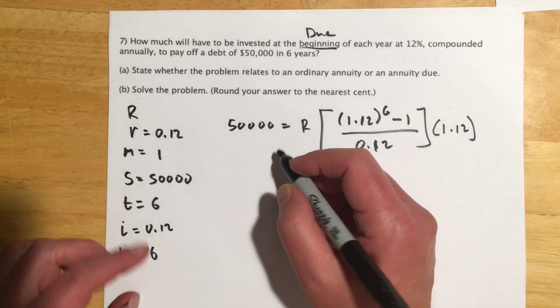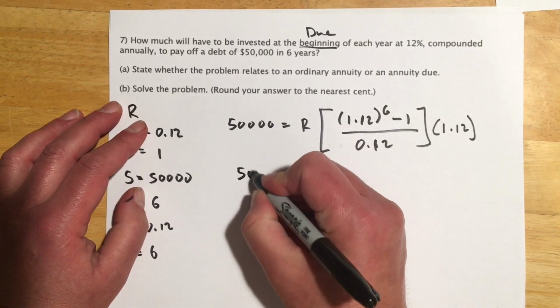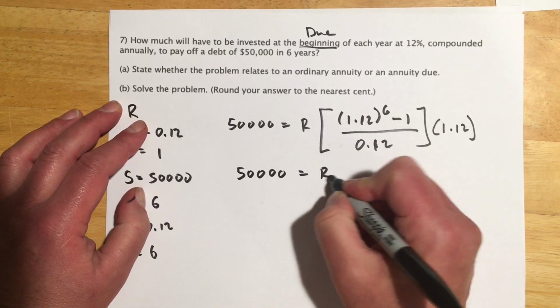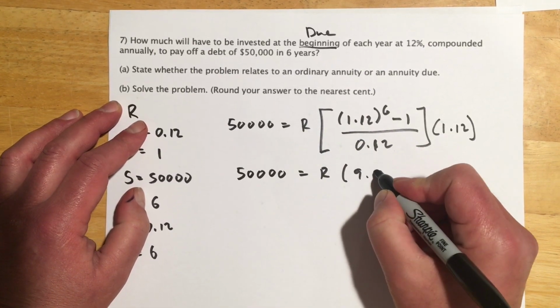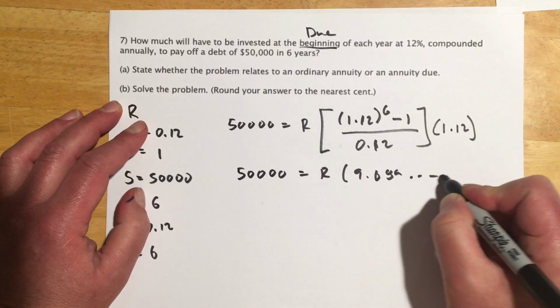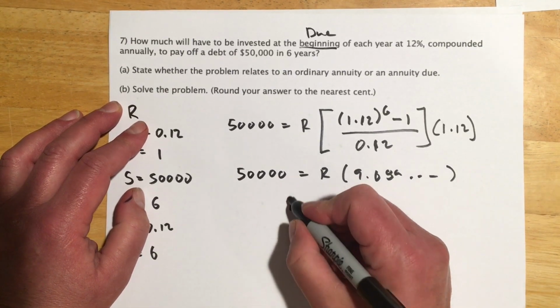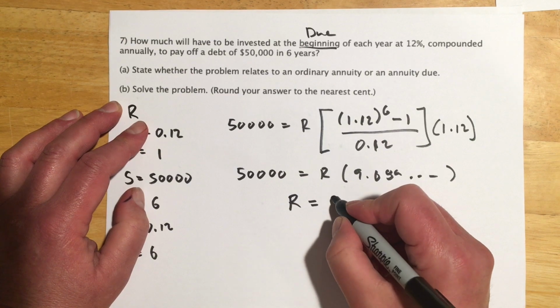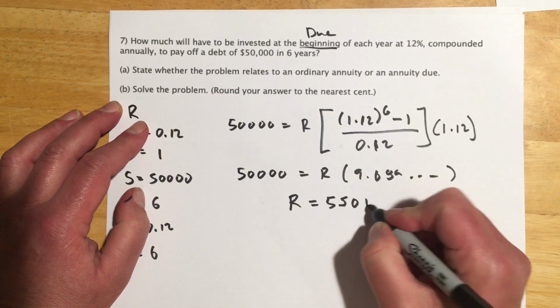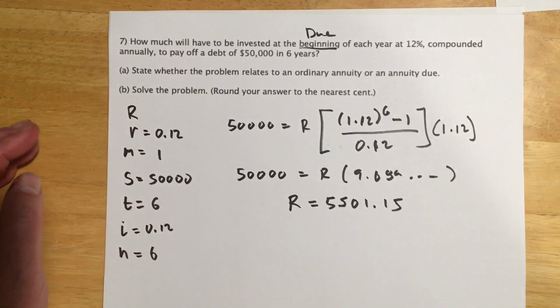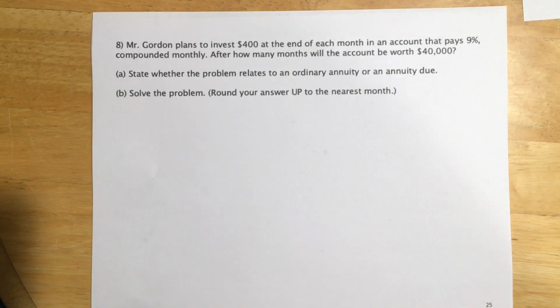And then we chunk all that in the calculator. I ended up with 50,000 equals R, and then 9.089, divide that over, and my payments end up $5,501.15.